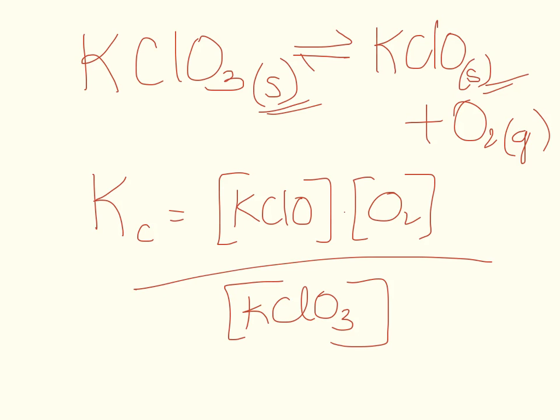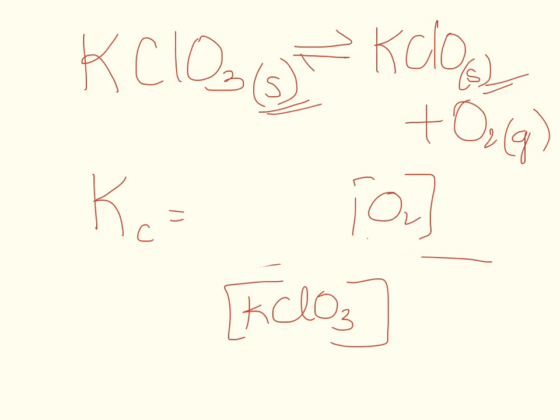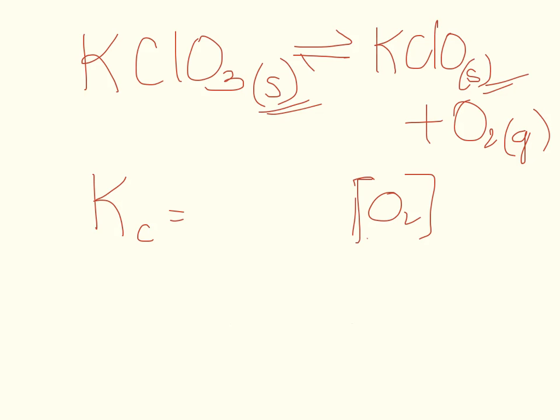So we can have only gases and aqueous solutions. So Kc for this would be just the concentration of oxygen, which is why I am erasing the KClO3 and KClO concentration. So Kc would be just the concentration of oxygen.